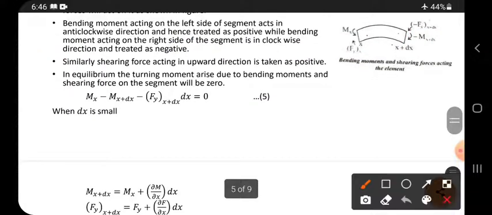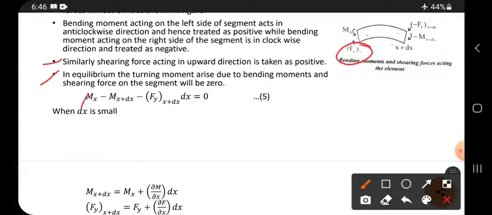Similarly, shearing force acting in the upward direction is taken as positive. Here the shearing force is this one, only the left side is taken. In equilibrium, the turning moment arising due to the bending moment and shearing forces on the segment will be zero.